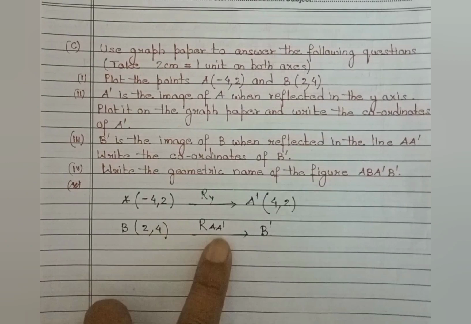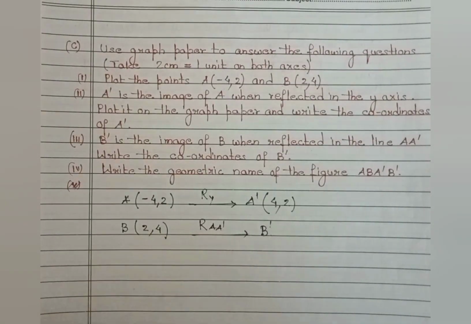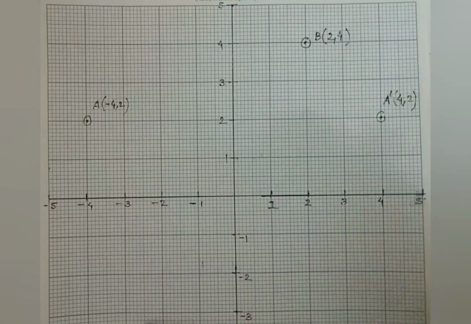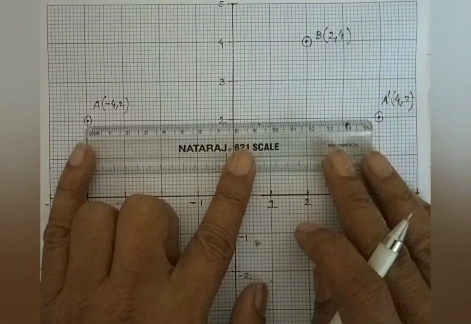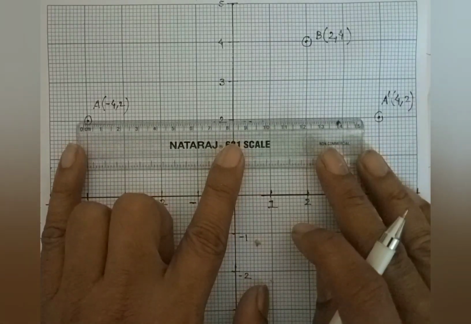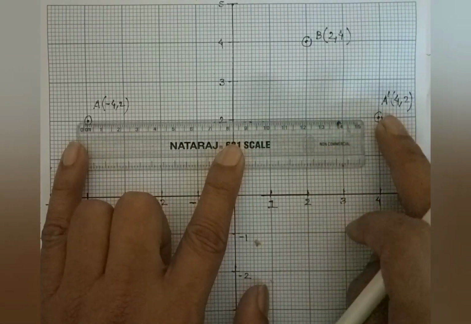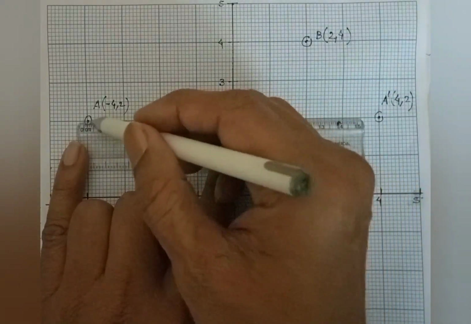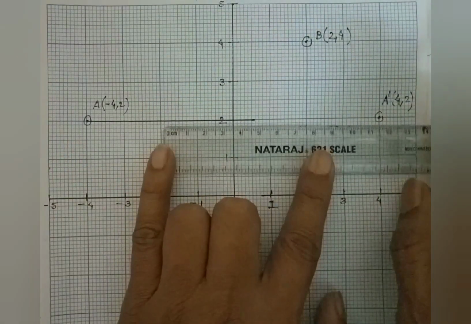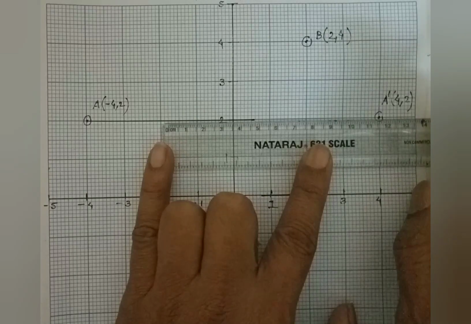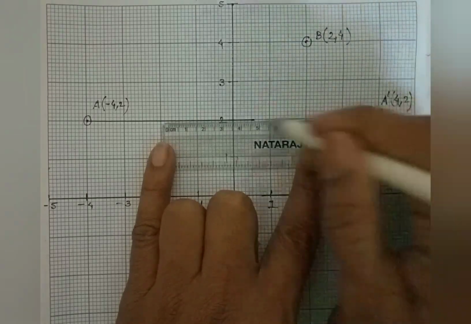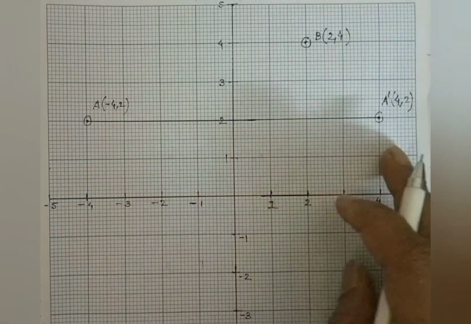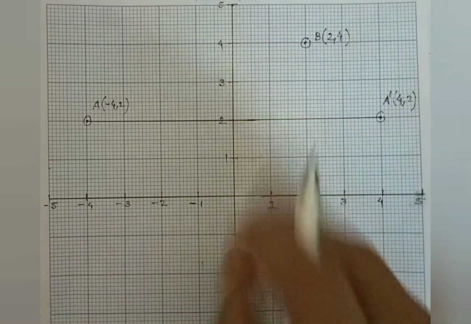Now in the graph you see, if we join A and A dash, you will get the line A dash. So we have got the line A dash.